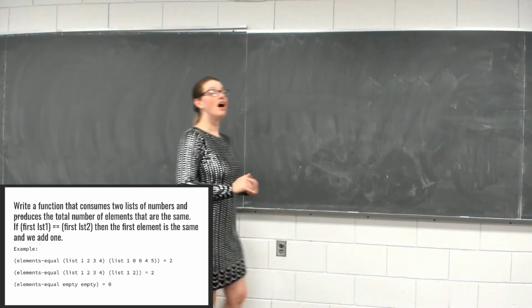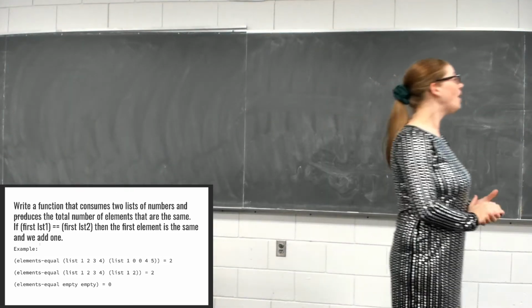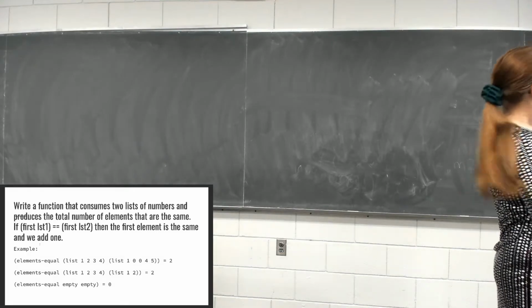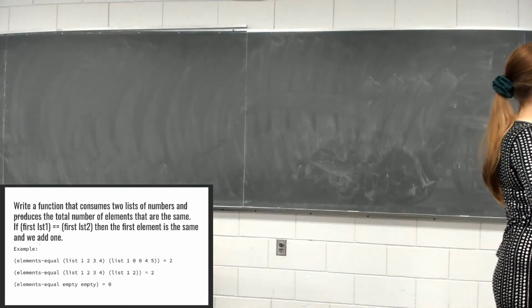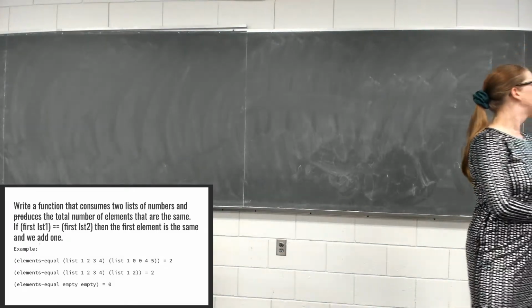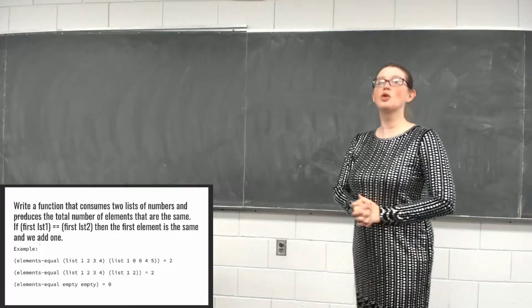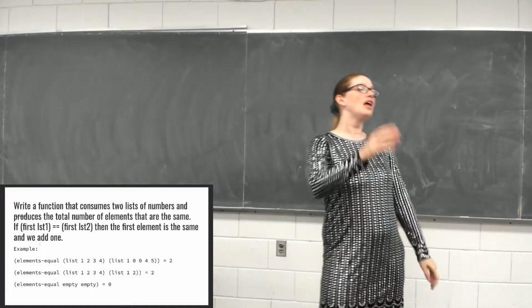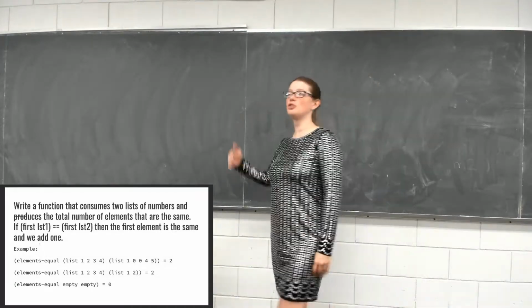There we go. All right. So why doesn't everyone start out by taking a few minutes and looking at this recursive function we have here on the slide? We want to produce a function that looks at two lists, element by element, and counts the number of elements that are equal between the two lists.